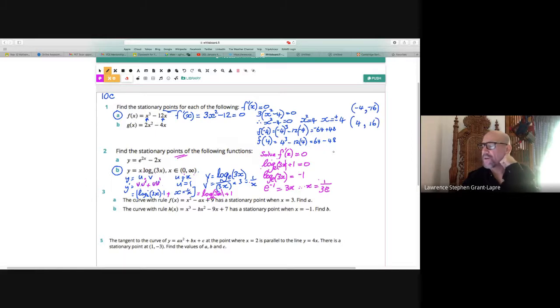And all we need to now do is find the y value. And we put that into our original equation. Y equals 1 over 3e times the log of base e of 3 times 1 over 3e.